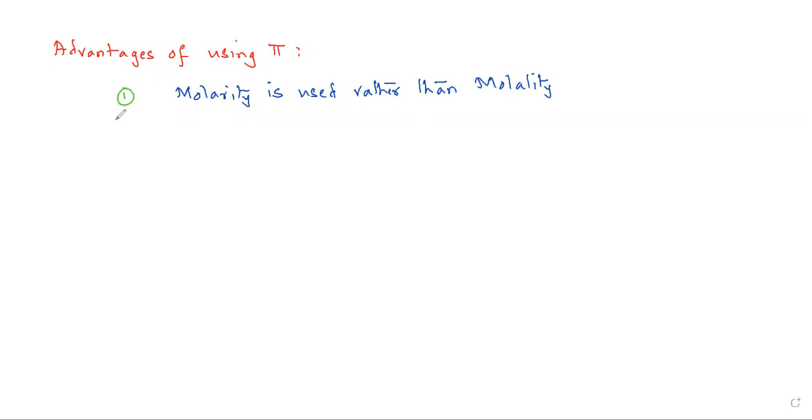In some other way, of course, it is a disadvantage also, because molarity depends on temperature, whereas molality is independent of temperature. But as far as calculation is concerned, molarity is good because we go with volumes rather than weight, which we use in molality. It's advantageous to go with the volumes of the solutions rather than the weights of the solution. That way it is an advantage, right?